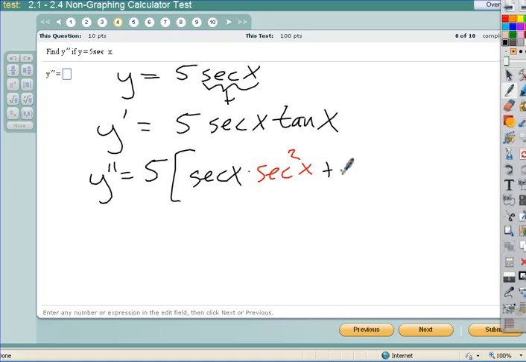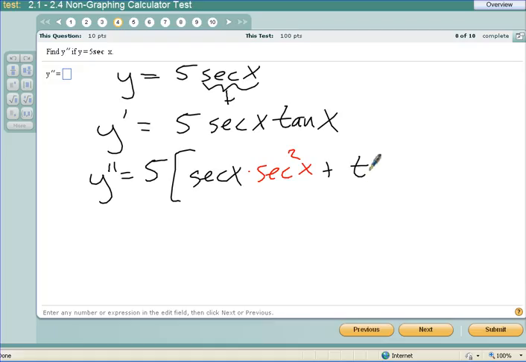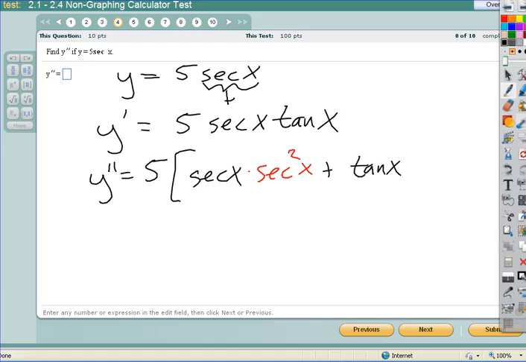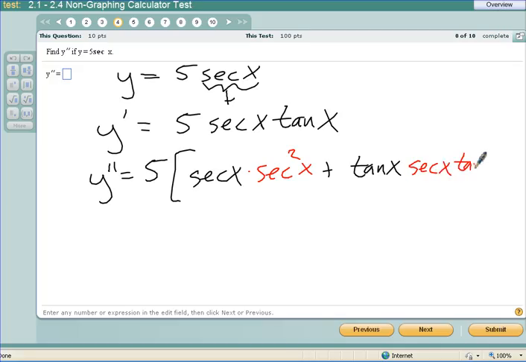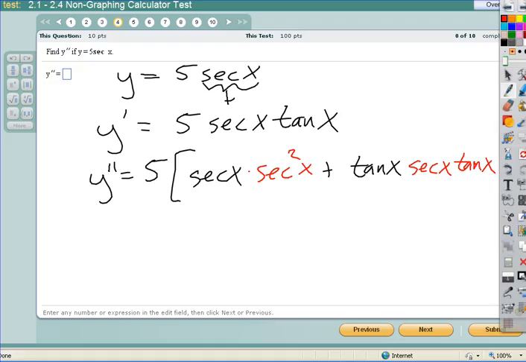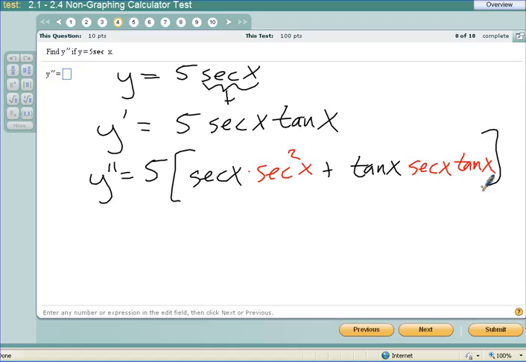Plus the second factor, tangent x times the derivative of secant x. Well, we did that one. Secant x tangent x, and then we'll just close the quantity. And we got it. Now we could factor some stuff though. What could we factor out of both of those? Secant x.